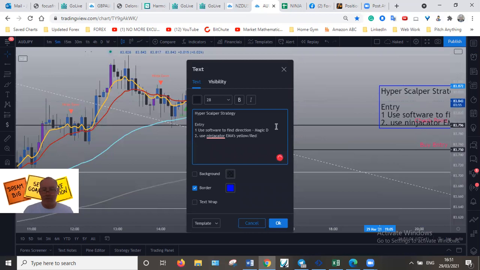Three, if red crosses the body of the candle, get out of the trade.